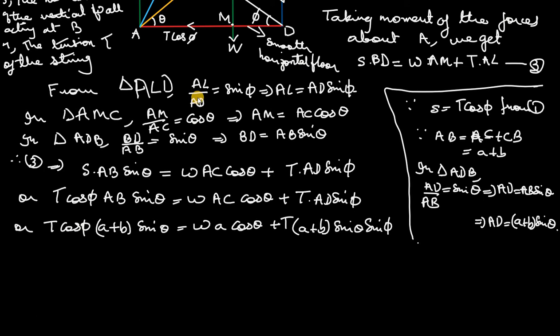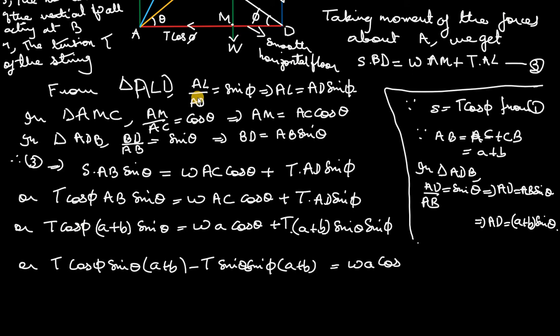You can write T cos phi sine theta into A plus B, and you bring this term T sine theta sine phi into A plus B to the left, equal to WA cos theta. Since T and A plus B are common, we can take T out. Sorry, here I think it should be cos somewhere.